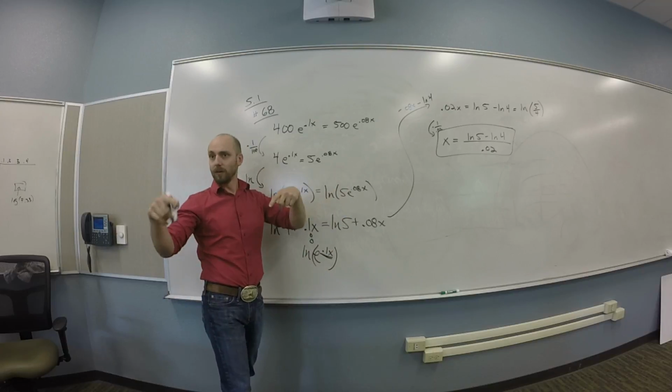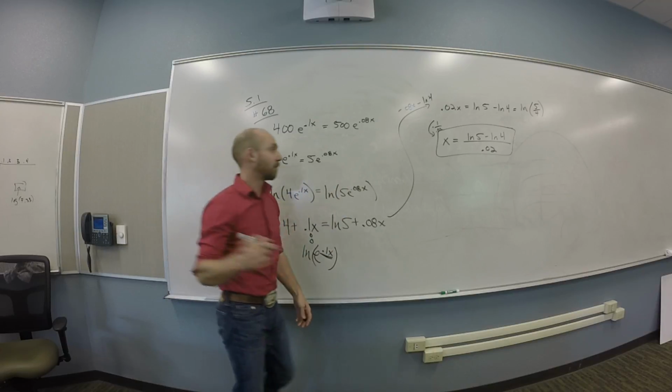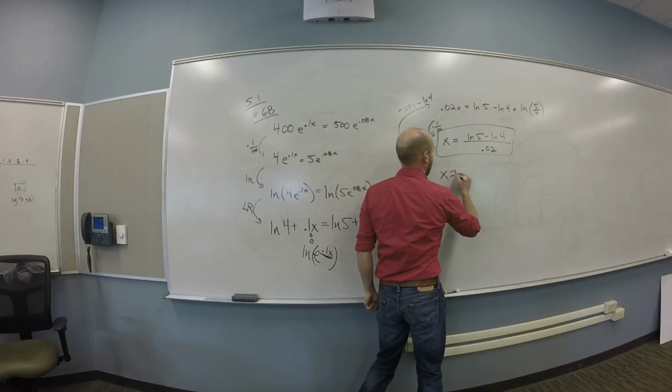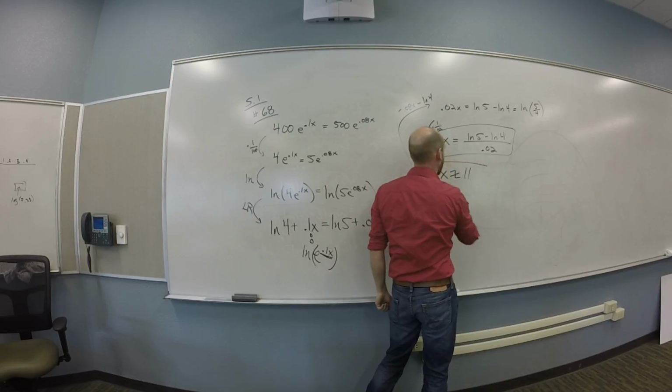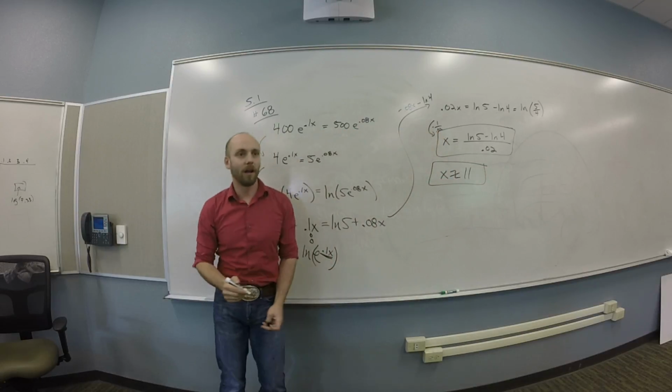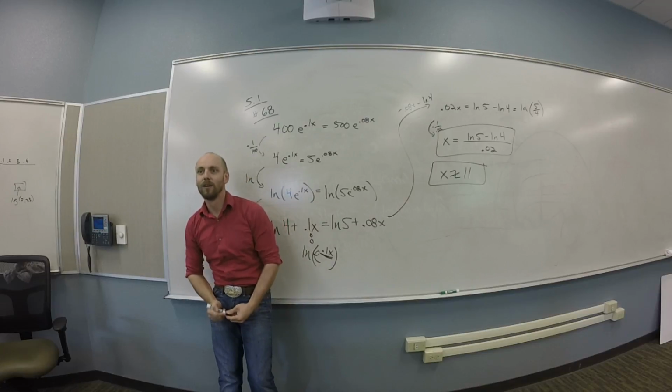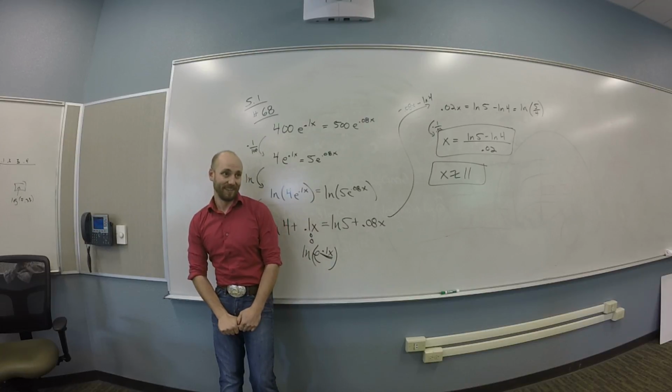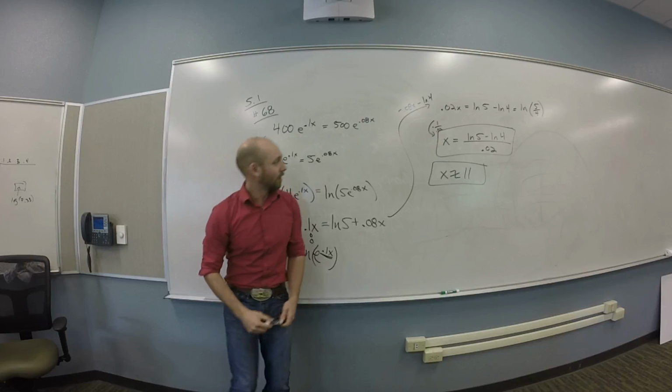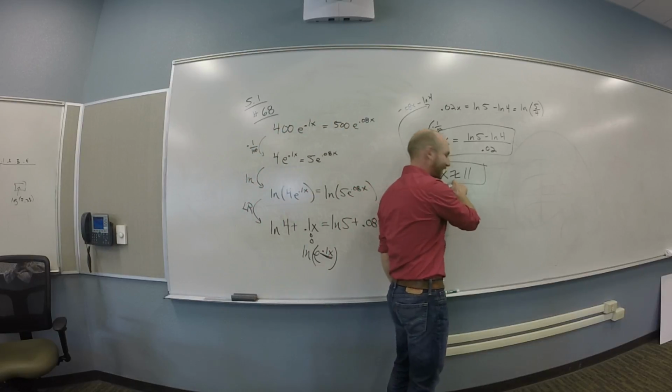What did you get for an answer? 11.1571777. Okay, so x is approximately 11. What does that mean? What is our time usage? Years?